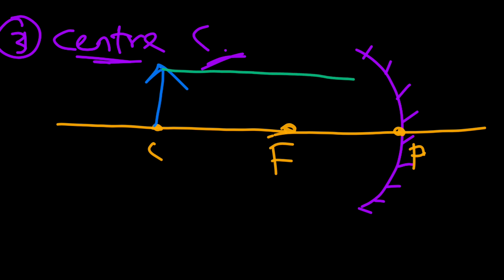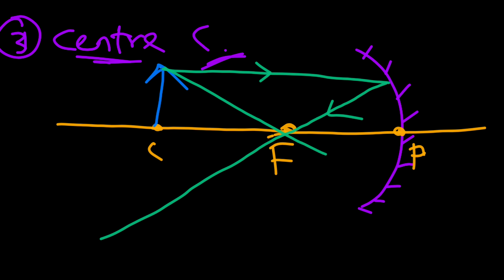So first situation, when a light ray passes parallel to the principal axis, after reflection, it passes through the focus and goes straight, right? And second ray, when a light ray passes through the focus, so this is the focus.